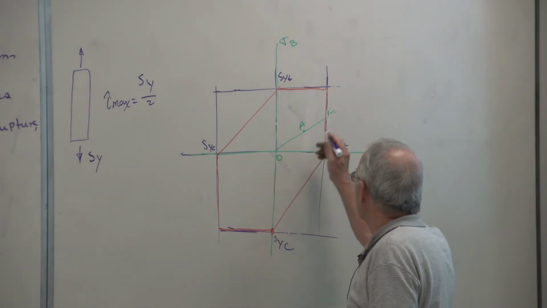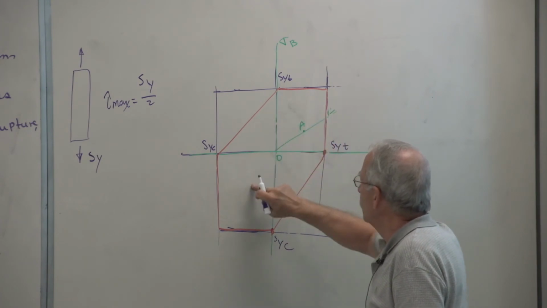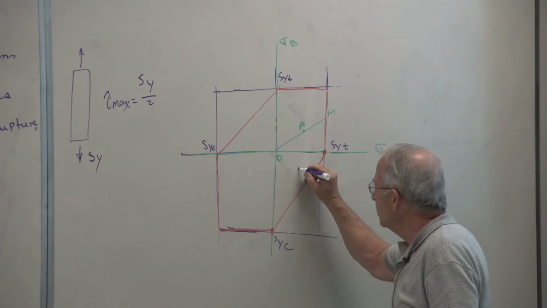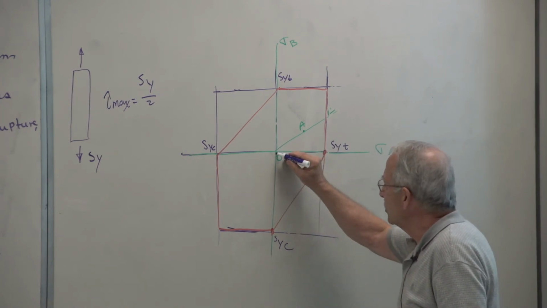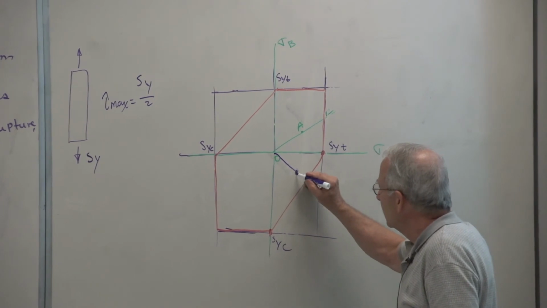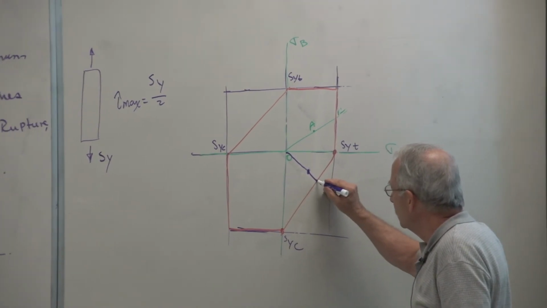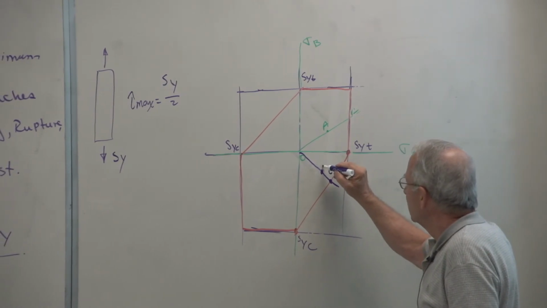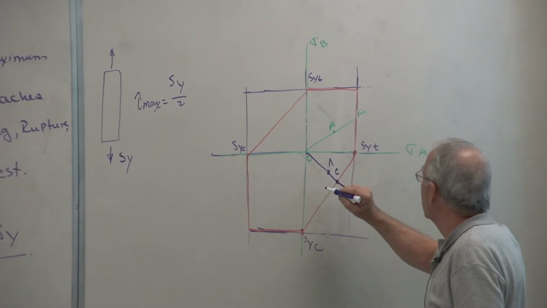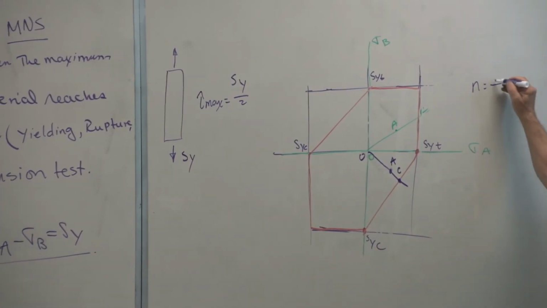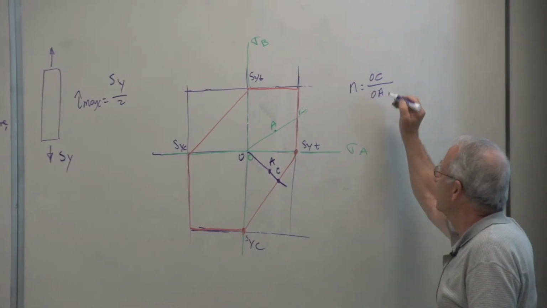For example, of course, these two quadrants are the same as the maximum normal stress, but if you plot your point here, all you do is connect from the origin to that point and continue until it crosses this line. The factor of safety, therefore, is OC over OA.